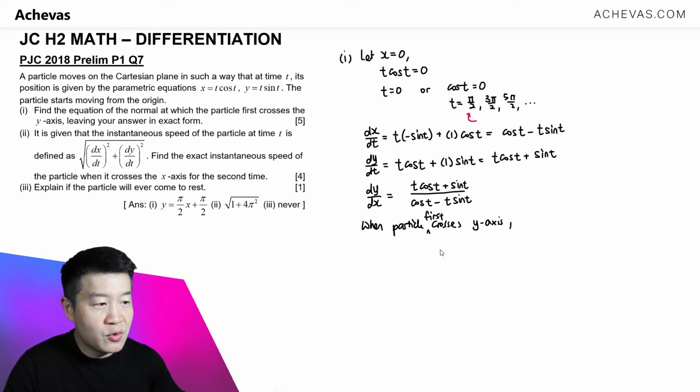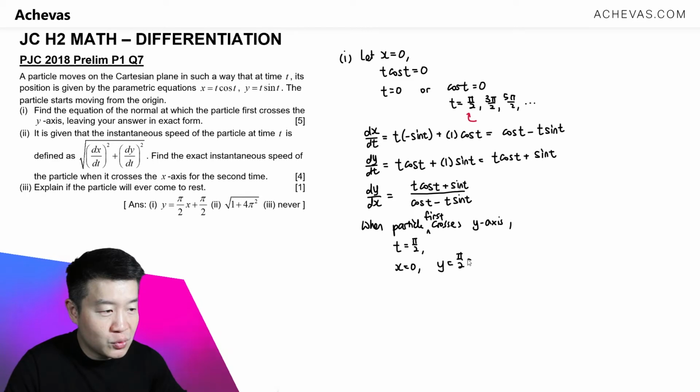So when a particle first crosses the y-axis, that is when t is equal to pi over 2. And the x-coordinate is equal to 0, obviously, because it is crossing the y-axis. And the corresponding y-coordinate, let's go for t equal to pi over 2. That will be pi over 2 sine pi over 2. Sine pi over 2 is equal to 1. So y is going to be equal to pi over 2.